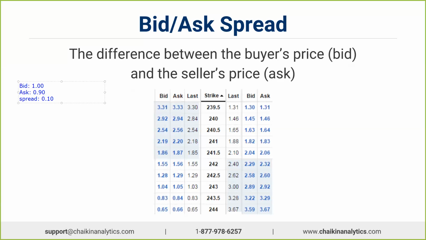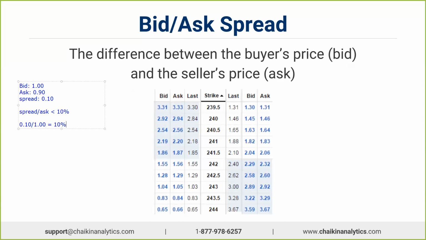Now, the spread divided by the ask, I want it to be less than 10%. In this example, we would take our 10-cent spread, divide it by our dollar ask, and we would get 0.1 or 10%. No, not $10, 10%, which would be acceptable.